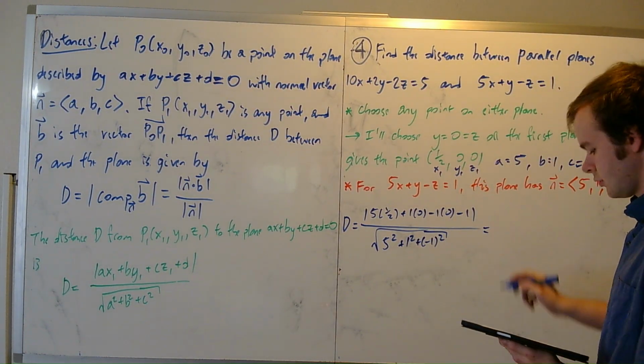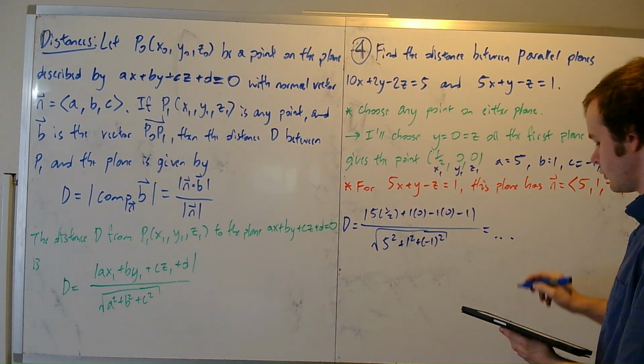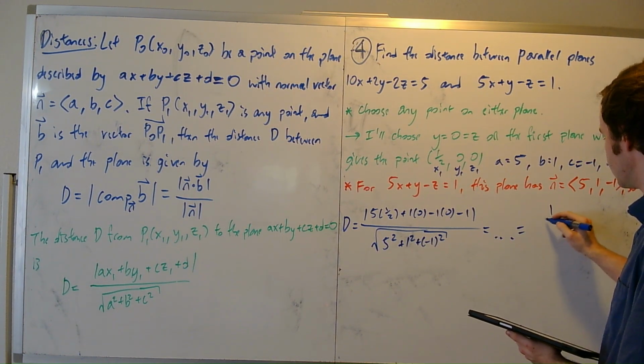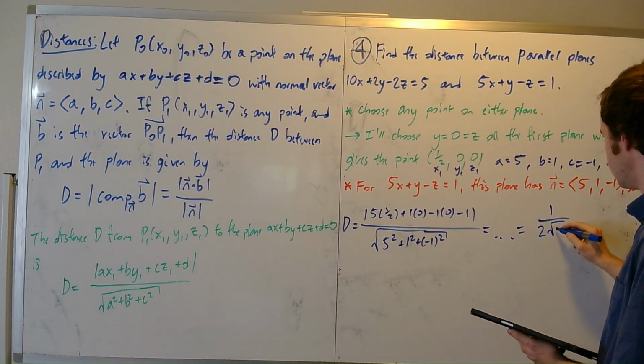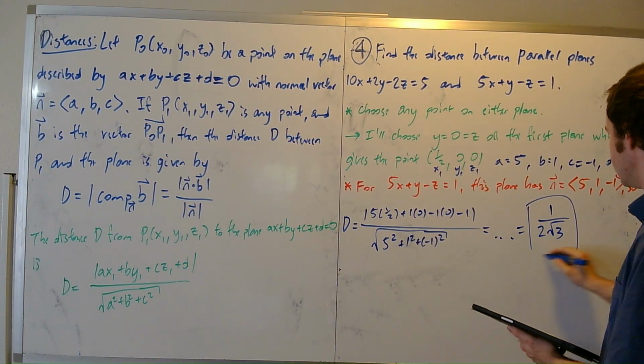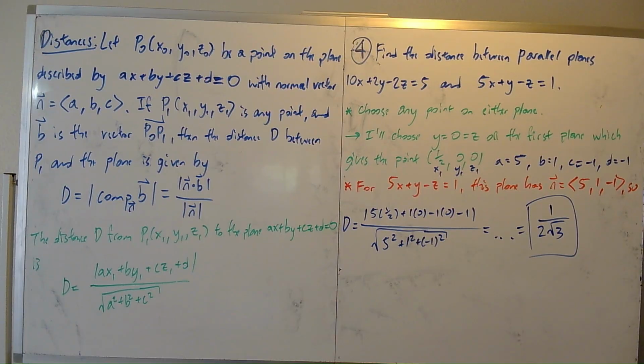And after we simplify a bunch, we're going to get 1 over 2 times root 3. That'll be our answer. So that's the distance between these two planes.